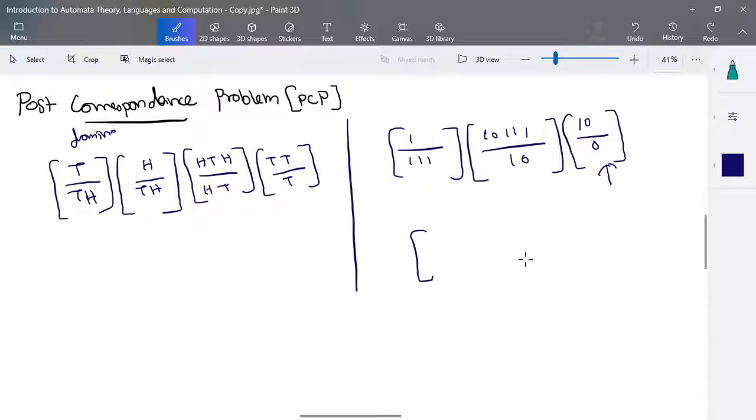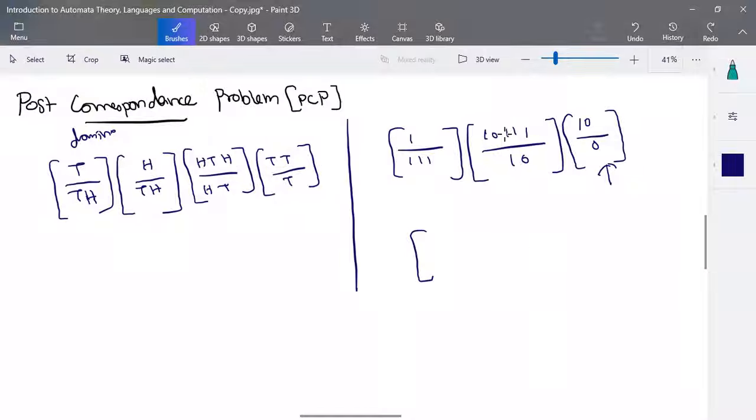And in case I'm starting with the first domino, 1 by 1, 1, 1, your first element matches. And next, I want two ones on the top. But the problem is, among the remaining dominoes I have 1, 0, 1, 0. The only thing is I can repeat these dominoes n number of times, but still you don't find the solution for it. So we cannot start with this domino too.